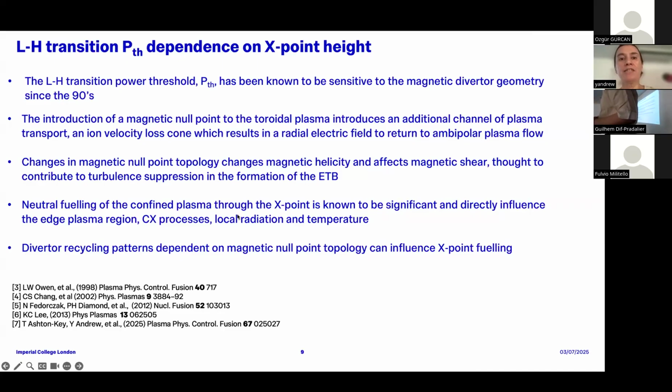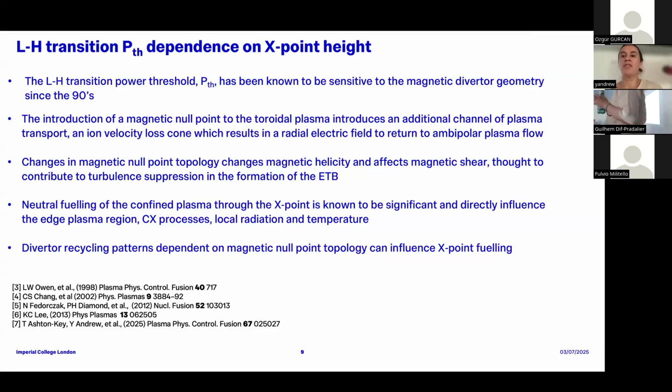So you have essentially exit current at the magnetic null point. The plasma always acts to restore ambipolar flow through the formation of an electric field, and so we come back to this equilibrium situation with the presence of the electric field structure and ambipolar flow. So the magnetic null point itself can contribute to the formation of the radial electric field.